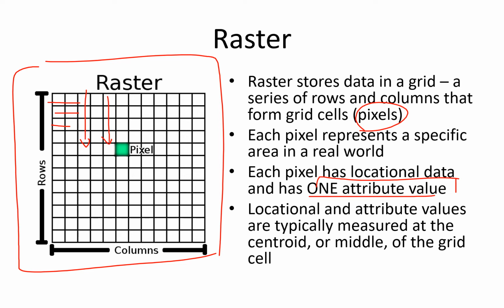The intersections of these rows and columns form what we refer to as a pixel, and you can see here in the middle it is highlighted green. So that is the pixel. At the center of the pixel is where you have the locational and attribute value.